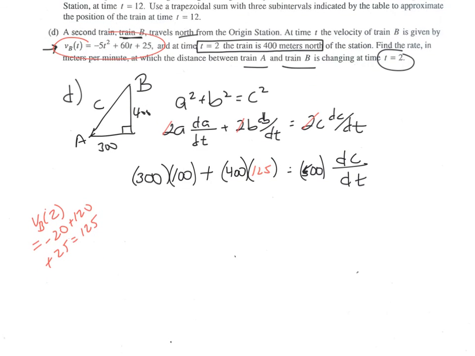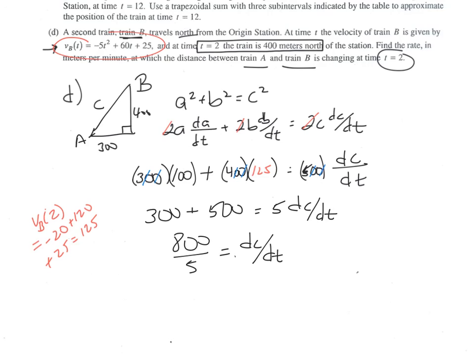I'm going to make life a little easier, and I'm going to get rid of a bunch of zeros. So now we've got 3 times 100 plus 4 times 125, that's 500, equals 5 dc/dt. This is 160, and that's in meters per minute, is equal to our dc/dt. And that's it for part D.